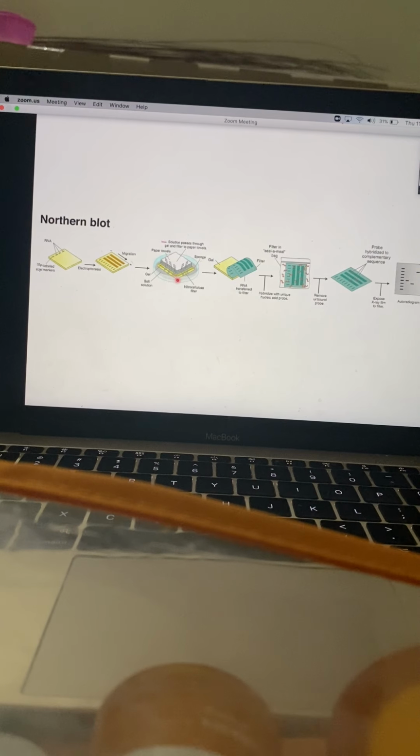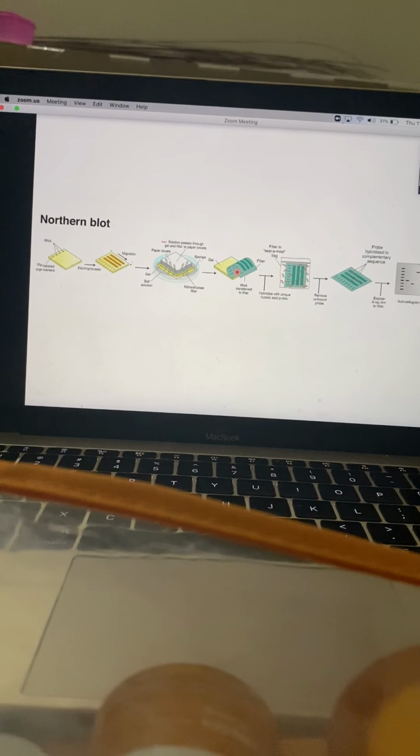And then what you do is you sandwich this gel and put a membrane on top of the gel and make this sandwich with filter papers. And then you transfer, so you push a buffer through here, and that will cause the transfer of the RNA onto a nitrocellulose membrane.